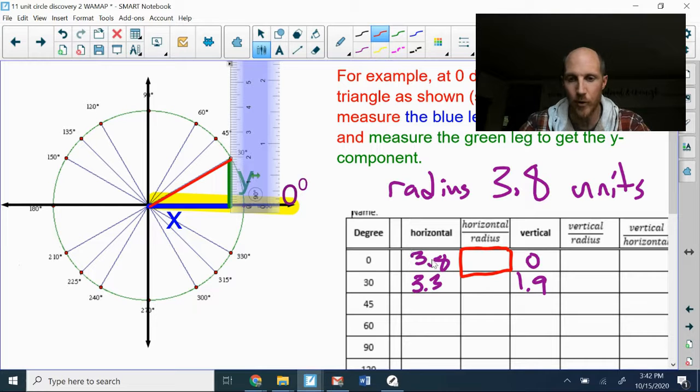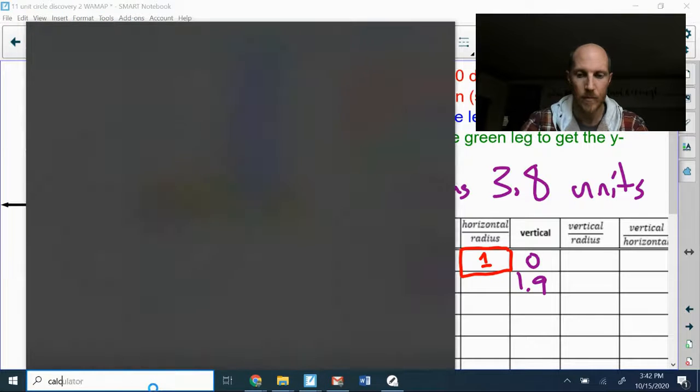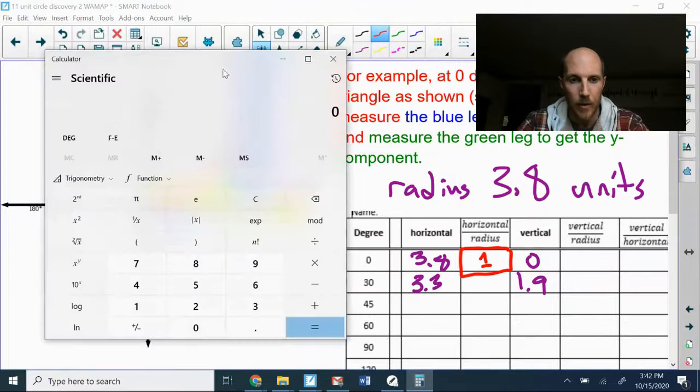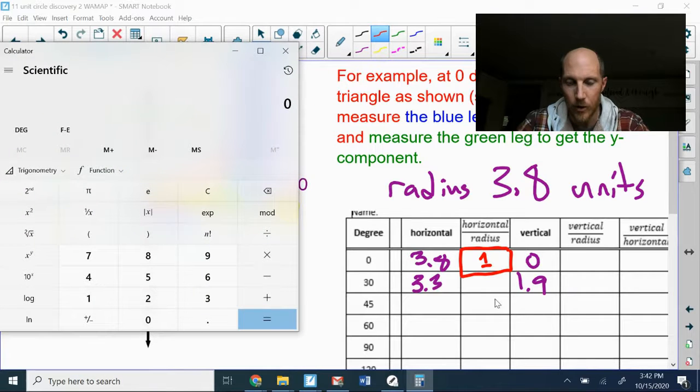And so my horizontal measurement at 0 degrees was 3.8. Radius was 3.8 also. And so if I divide 3.8 by 3.8, I'm going to get a ratio of 1. If I just keep going down that same column, if I take the 3.3, that was the next measurement, divided by the radius, that'll be 3.3 divided by 3.8.